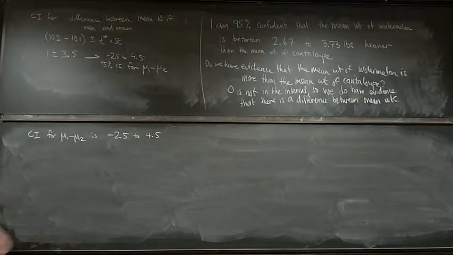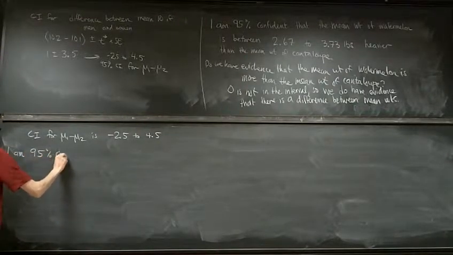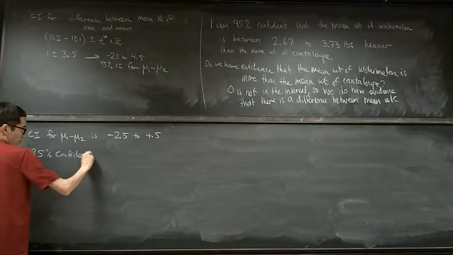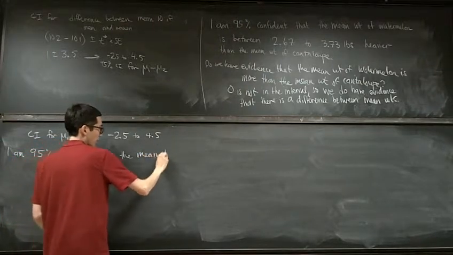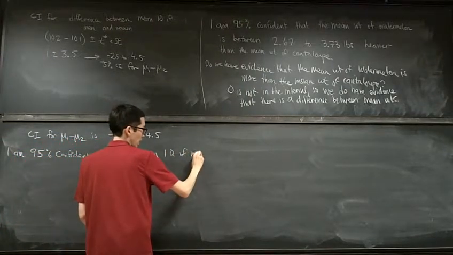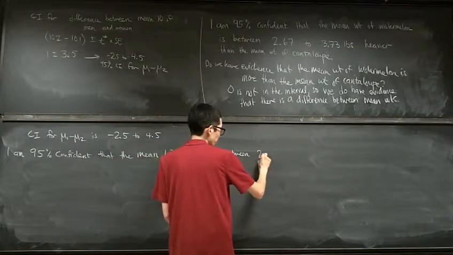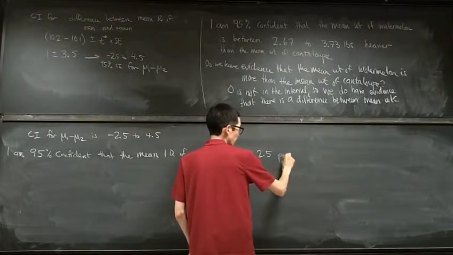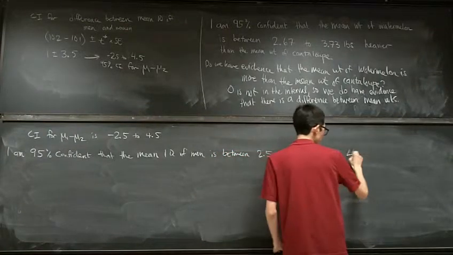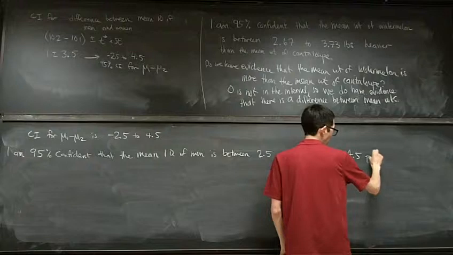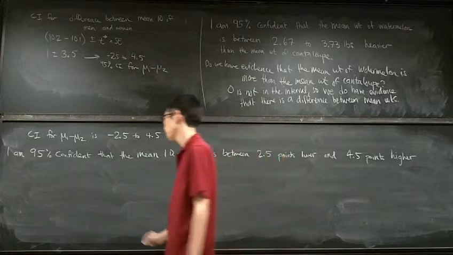So my interpretation would be I am 95% confident that the mean IQ of men is between 2.5 points lower and 4.5 points higher than the mean IQ of women.